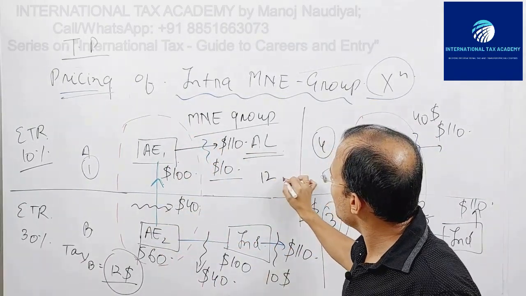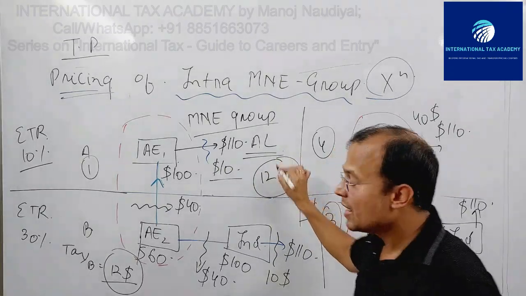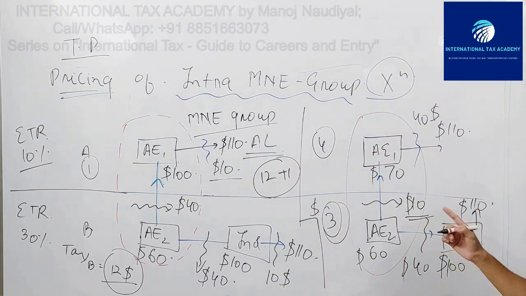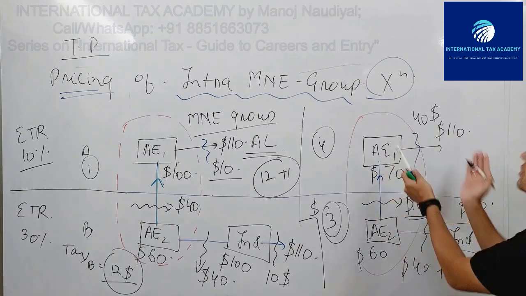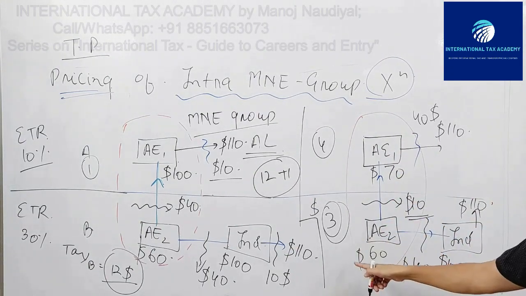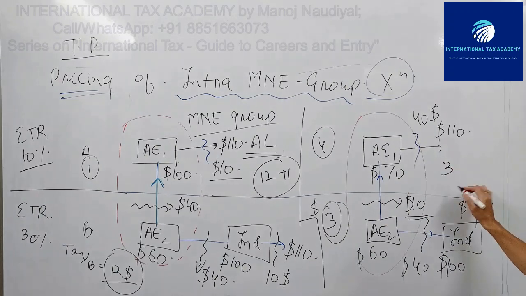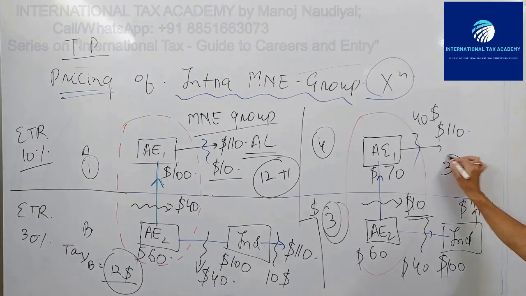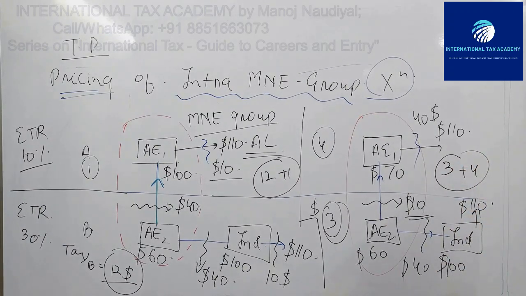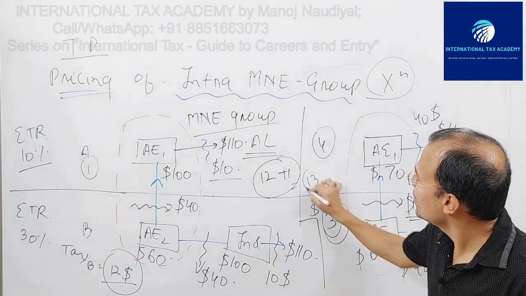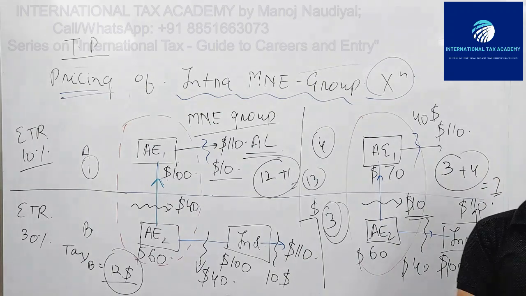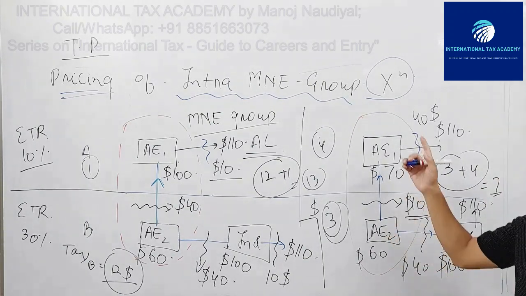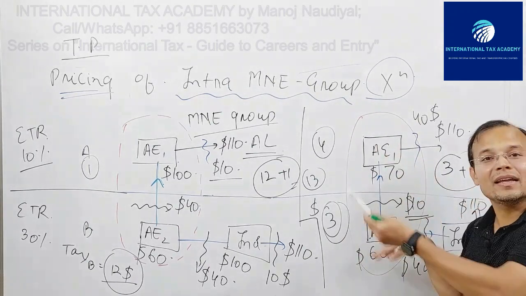Was 12 plus 1. And now the total tax being paid by this M&E group on these two transactions is 3 plus 4. Right? Total tax is what? 7. Here it was 13. So $6 of tax has been saved by this M&E group using this arrangement.